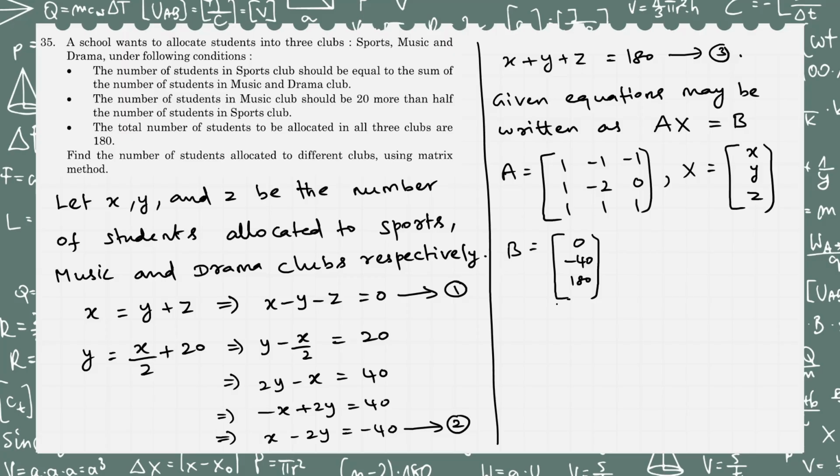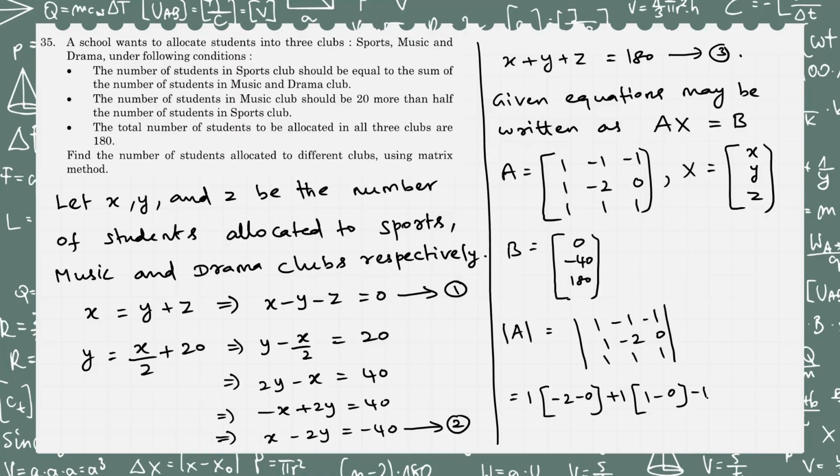So after doing so, we have to make sure that determinant of A is not equal to 0, otherwise A inverse does not exist, right? So let us find the determinant of the matrix A, which is determinant of 1 minus 1 minus 1, 1 minus 2 0, 1 1 1. This will be 1 into minus 2 minus 0. Minus of minus 1 will become plus 1 into 1 into 1, 1 minus 1 into 0 0.